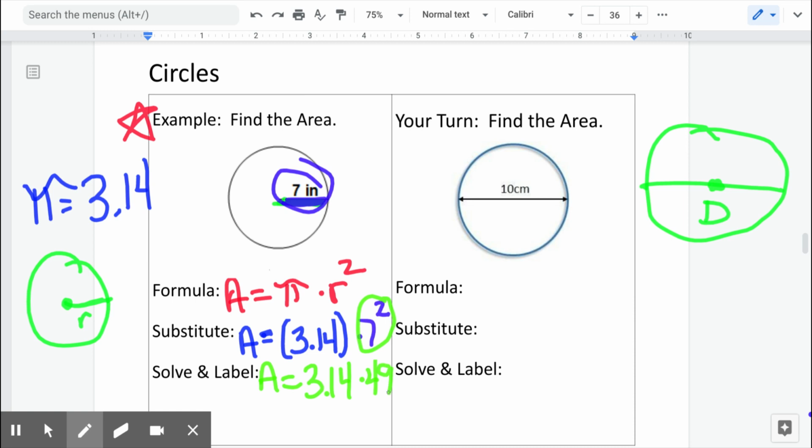Again, you have to start with your exponent. And then I am ready to type in my answer and get area equals 3.14 times 49 is 153.86. Don't forget to label. We have inches squared.